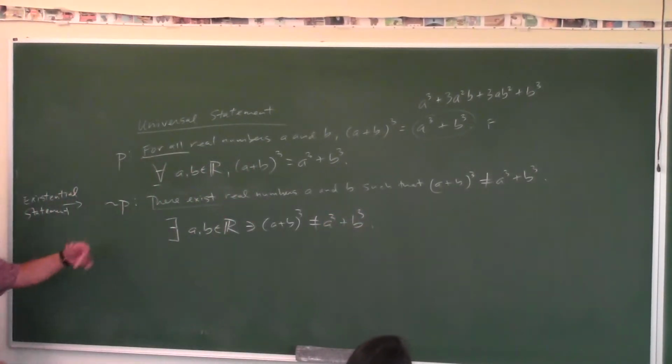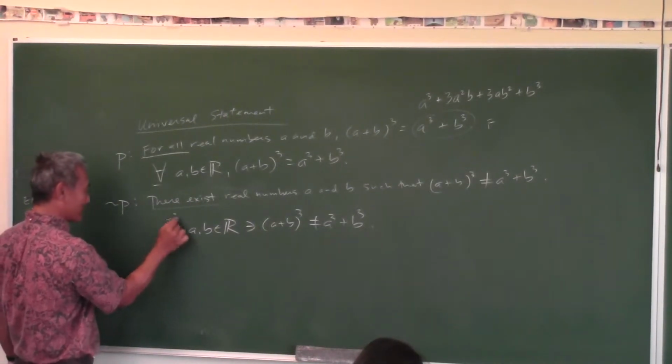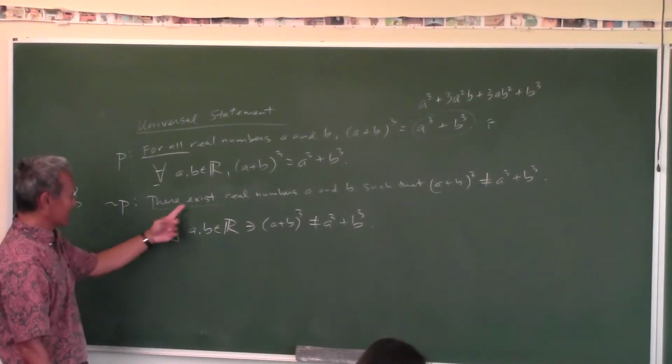This is how you symbolize that statement. Now, in tonight's homework, sometimes I write it out in words, sometimes I symbolize it. You have to know what these symbols mean. When you take the quiz or test, I don't care how you do it. You can write it out in words or in symbols. It doesn't matter to me. So you can probably guess that this symbol here means there exists.